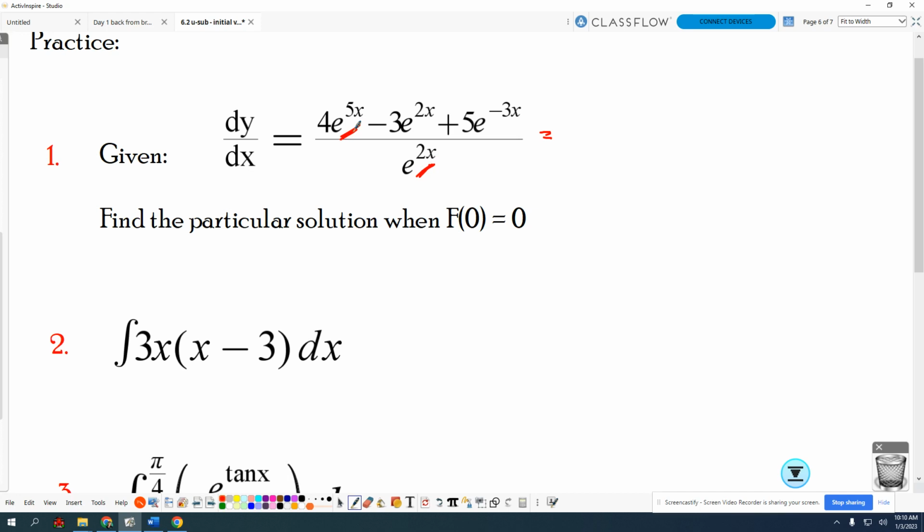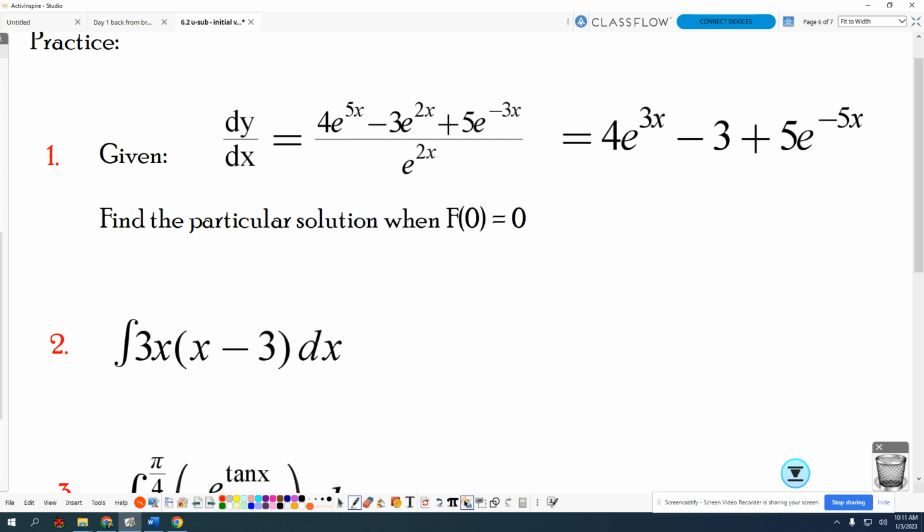How do we reduce that? How do those exponents work? Subtract. So it would be 4e to the minus, well, there, minus 3 plus 5e to the -5x.